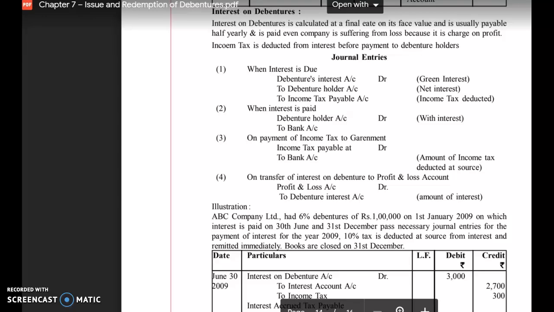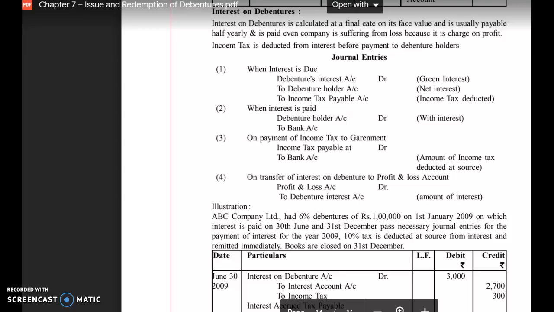Earlier, it used to be written off depending upon the amount of the debenture to be redeemed in the different year. But as per the revised provisions of the Companies Act and the CBSE guidelines, the total amount of discount or loss on issue of debenture must be written off only in the year in which it occurs or in which year it has been given.